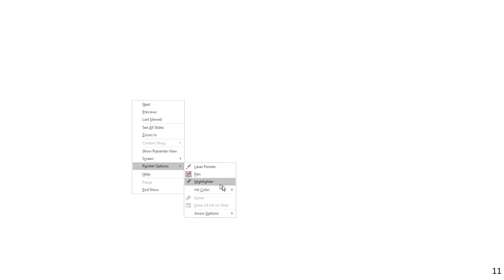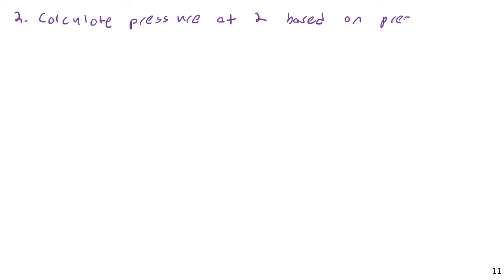Next, step 2: calculate the pressure at 2 based on the pressure at 1.